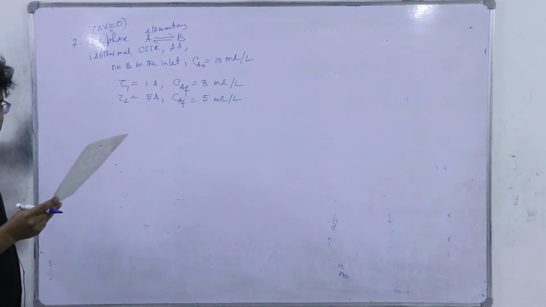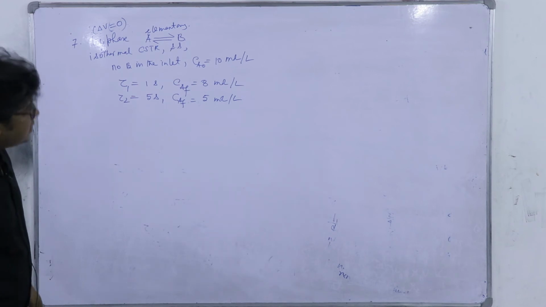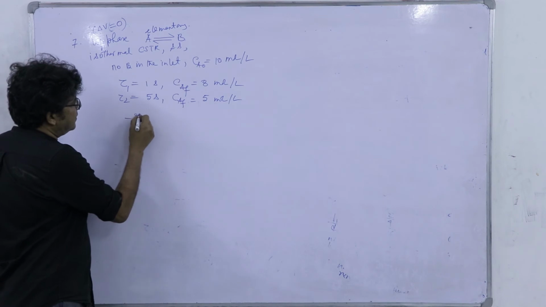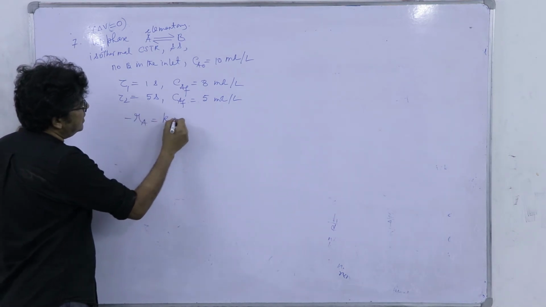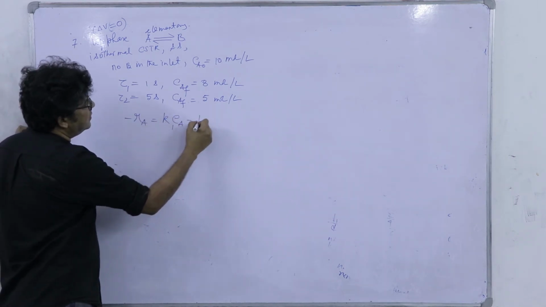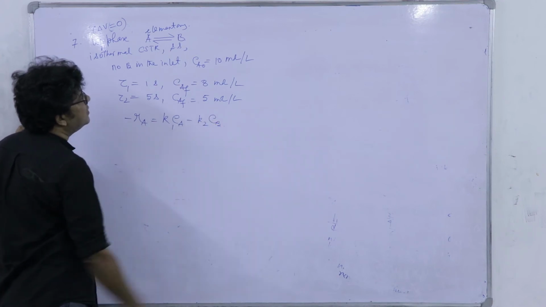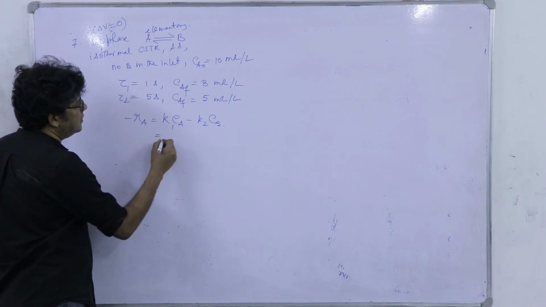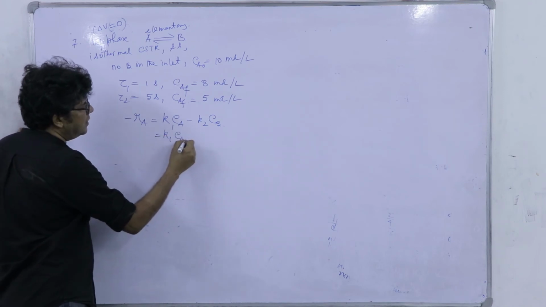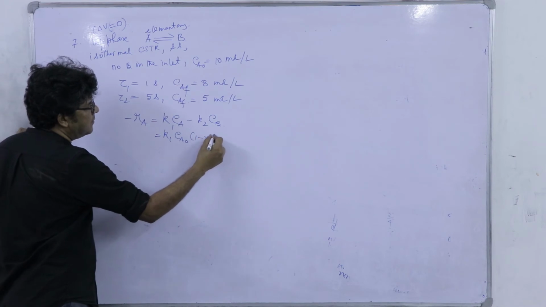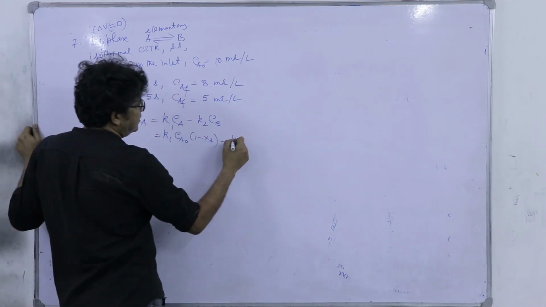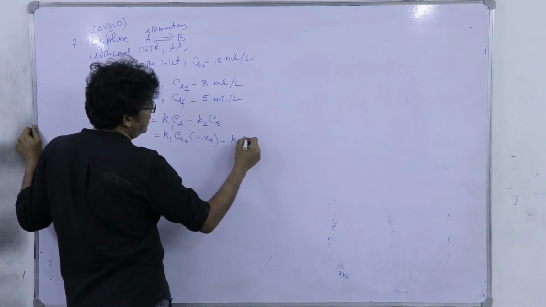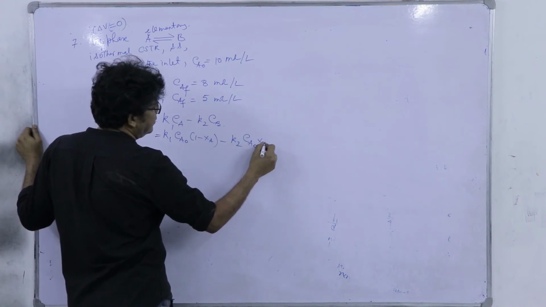The rate of the forward reaction, in second inverse, we have to calculate. So, you see minus RA equal to K1 into CA minus K2 into CB. So, this is K1 into CA naught into 1 minus XA minus K2 into CA naught into XA.